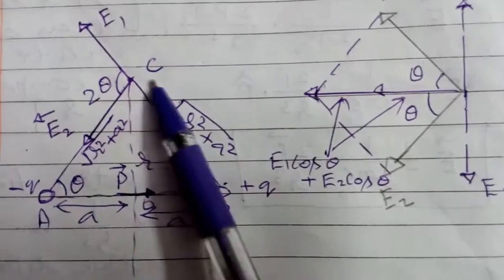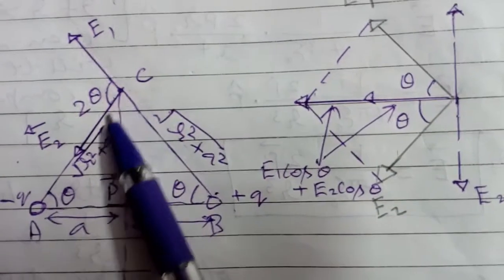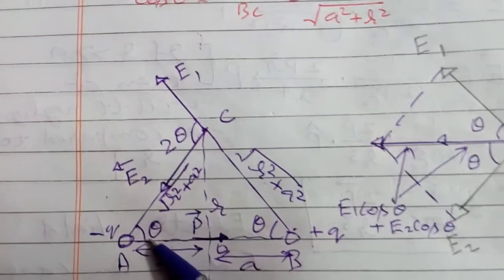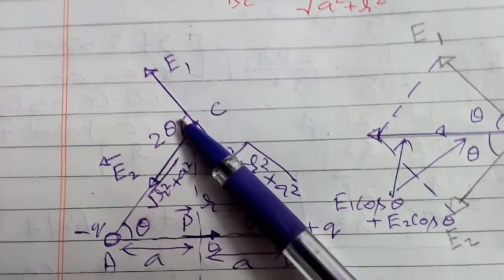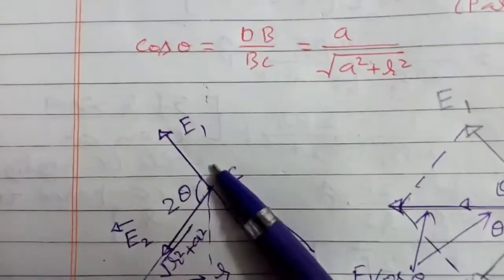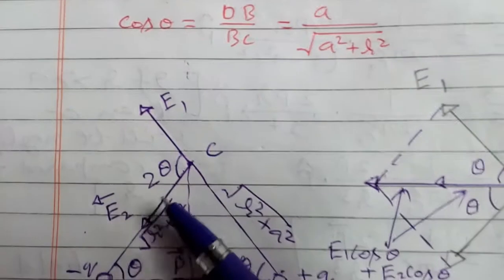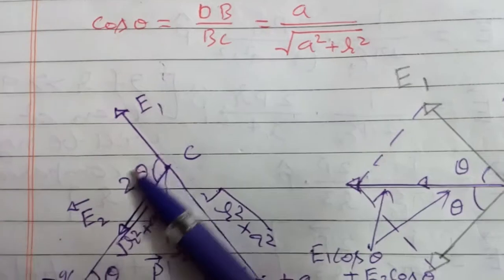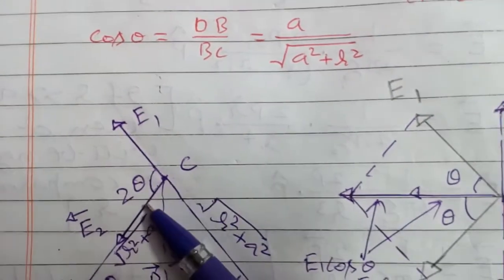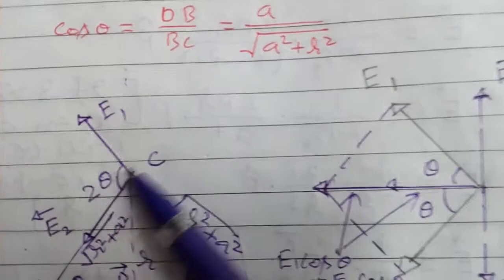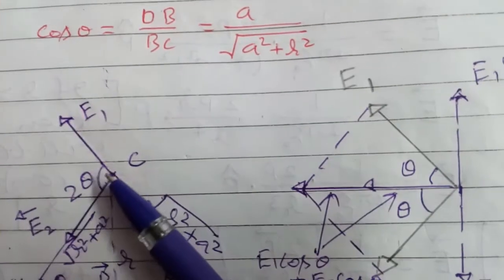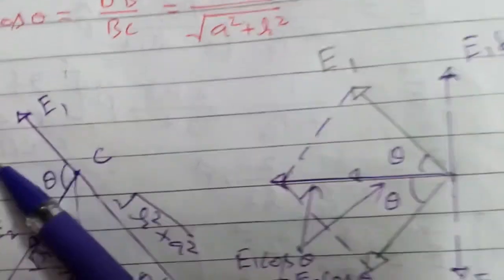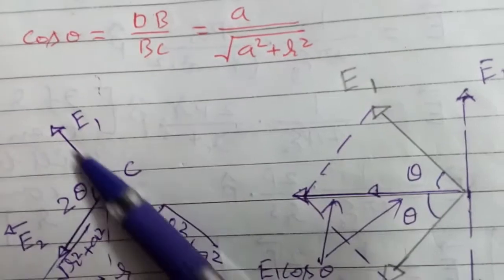Now in this diagram, this is E1, this is E2. If this angle is theta and this angle is theta, then this angle will be equal to 2 theta. Now here E1 and E2 are vectors, so we will apply the law of addition of vectors. One method is to add these two vectors with the help of the parallelogram law, and the other is by taking mutually perpendicular components of E1 and E2, that is by resolving E1 and E2.